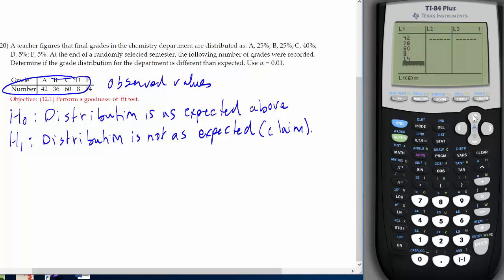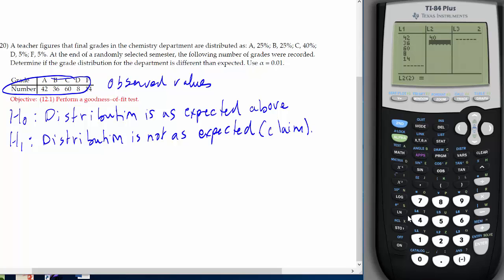Okay, L2 are the expected values. How do we compute the expected values? You take the 25% for A, but you compute 25% of the total. So you must add 42 plus 36 plus 60 plus 8 plus 14. If you add them, you get 160. So 25% of 160 will be 40.